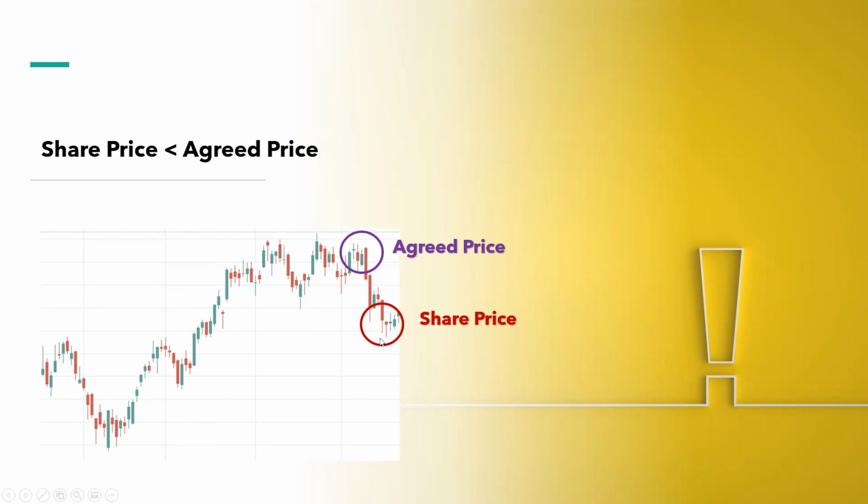In this case, you are obliged to buy the shares at the agreed price, even though the share price today is lower than the agreed price. So this is something that I need to caution everyone, and which is why the mindset when you carry out a put options trade has to be very, very clear.